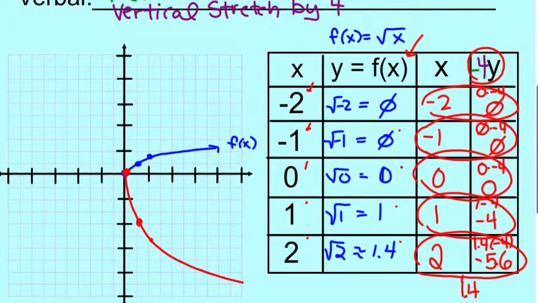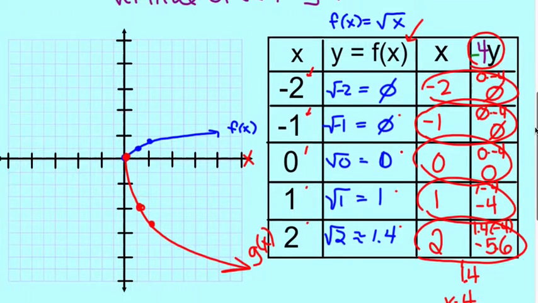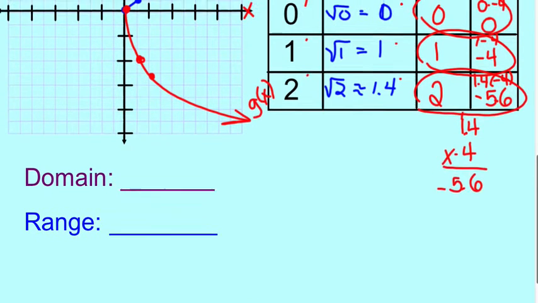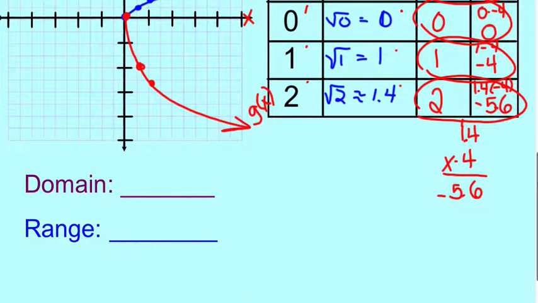All right, so we've taken care of graphing our new function g of x. We've reflected it over the x-axis, and we've also vertically stretched it by 4 units. Our domain has to start at 0 and be greater than or equal to 0. And then our range is below that x-axis, so it has to be less than or equal to 0.